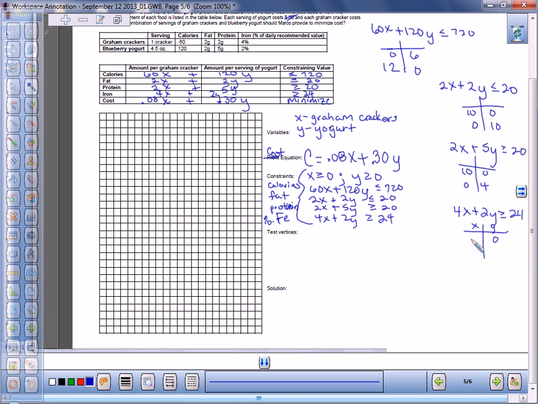We may count by ones. Please count off on your app. I'm actually going to just count every 2: 2, 4, 6, 8. I'm good with that. Make sure you label your axis. So X represents servings of graham crackers.